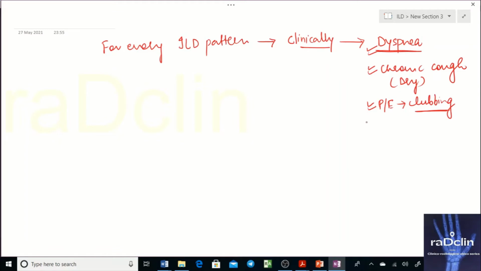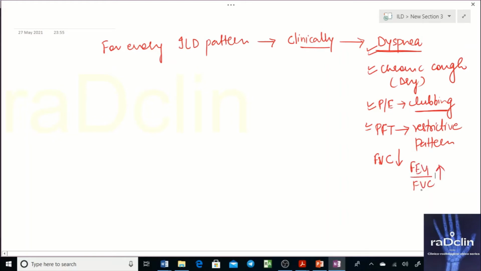And on PFT findings, a typical restrictive pattern, where FVC decreases, so the ratio of FEV1 by FVC basically increases. Typical restrictive pattern. And the DLCO, basically diffusion capacity, is also reduced. So these are the common features for every ILD, in different proportions definitely, or with variations, but commonly these are the clinical findings.